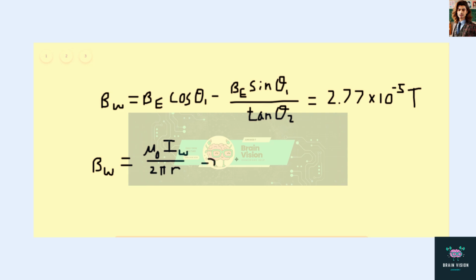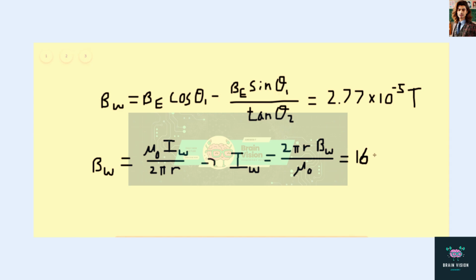So we can just rearrange this to solve for I sub W. And we find that I sub W is equal to 2 pi r times B sub W divided by mu naught. Plugging in those values into this expression, we find that I sub W is 16.6 amperes.